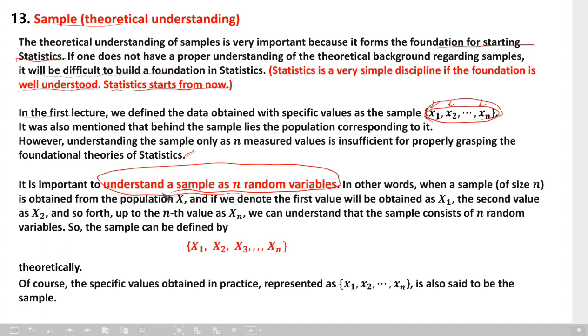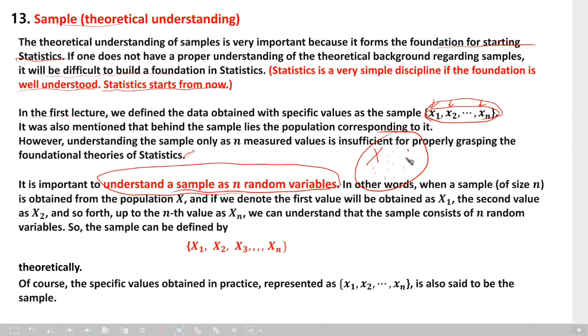A sample is a sample. In other words, when a sample of size n is obtained from population X, we denote the first value that will be obtained as x1. Population here means random variable X. So there are many X's here, right? Unknown values.